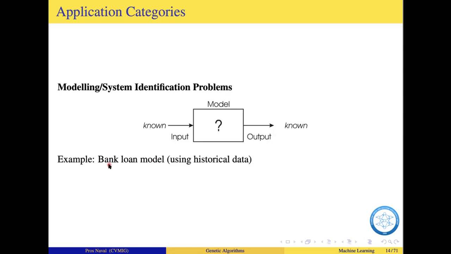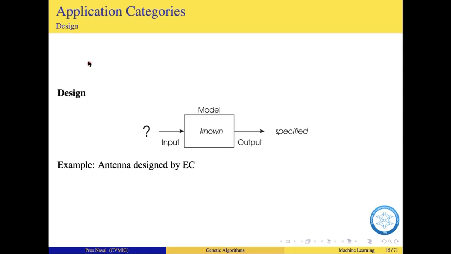For example, for a bank loan model, using historical data of previous clients, you would know whether a particular client would default on his or her loans. So what is this model inside this box?